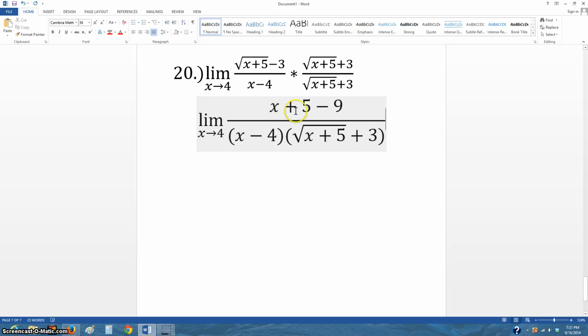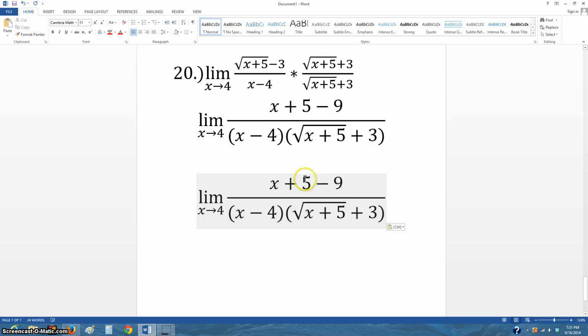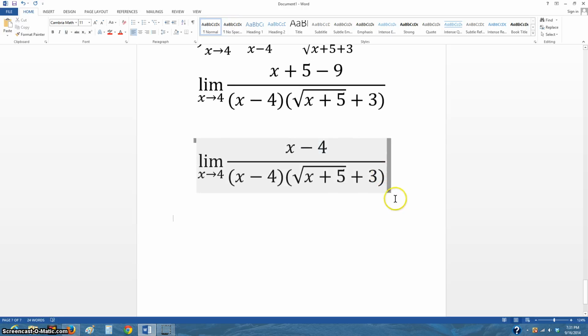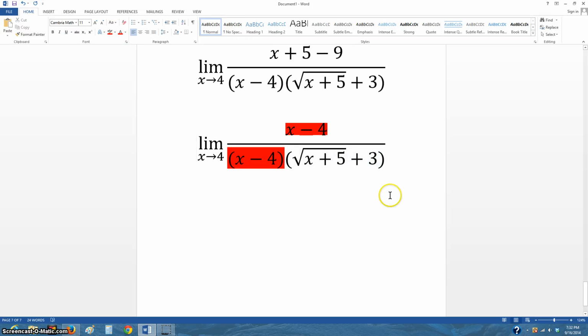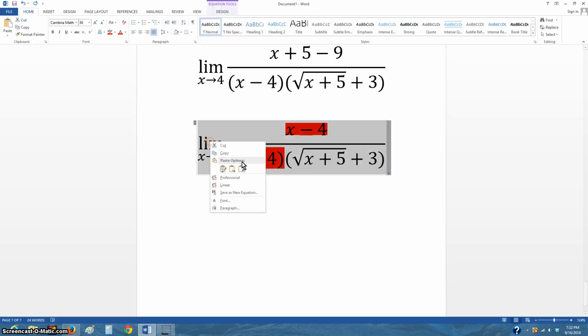Now we can combine like terms in our numerator. In other words, these constants. So we have 5 minus 9, which will give me a negative 4. So in the numerator, I now have x minus 4. Okay, so if you notice, now I can cancel the x minus 4's out from the numerator and denominator, which will leave me with just a 1 in the numerator.